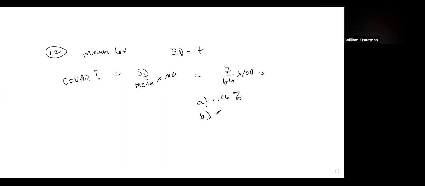B might just be 0.106. C might be 10.6%, and D might be 10.6. So in the chat box, type in the correct answer.